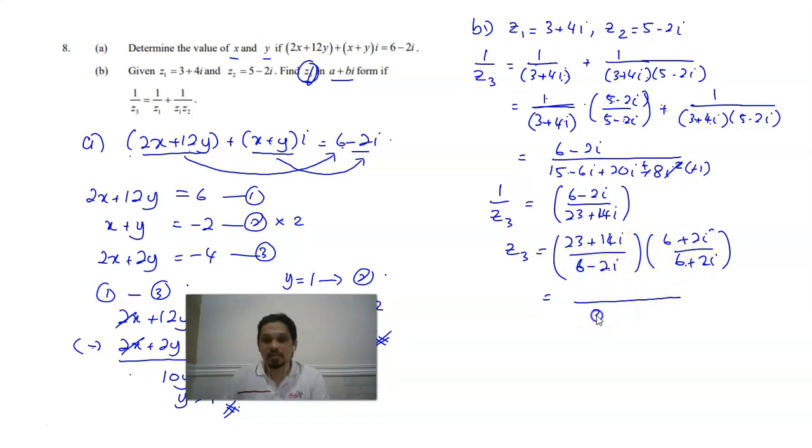So divide by this one here, multiply with the conjugate. 6 times 6 equal to 36. Positive and negative cancel each other, then negative 2 times 2 equal to 4, i times i squared.